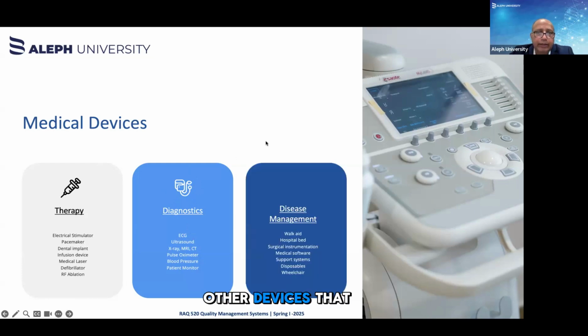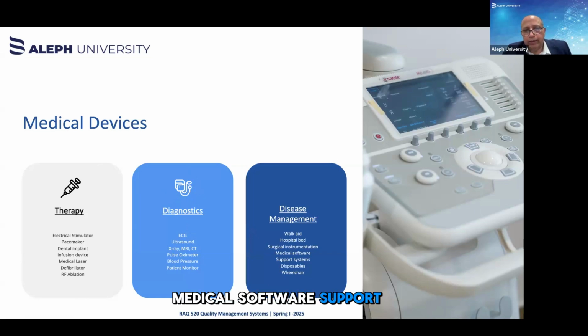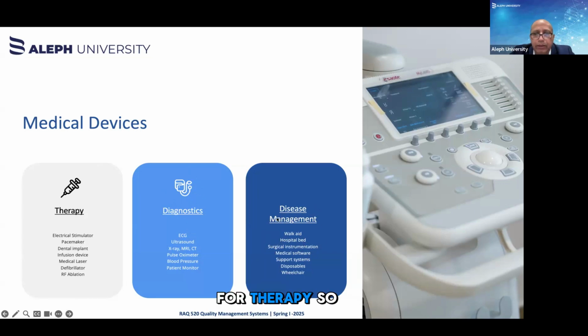And there are other devices that are for disease management. For example, a walk aid, a hospital bed, surgical instrumentation, medical software, support system, disposables, wheelchair. These are things that are not to diagnose, but also they are not really for therapy. Maybe a walk aid could be used, it depends.